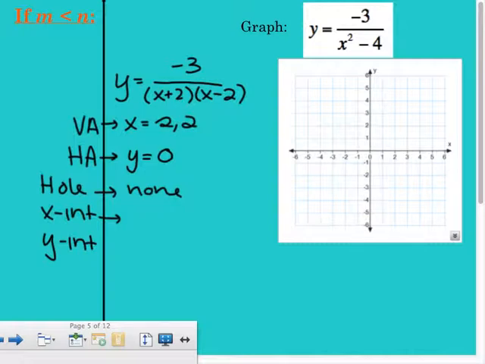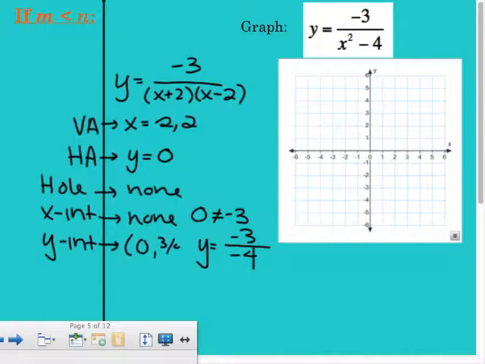My x-intercept, take the numerator, set it equal to 0. 0 does not equal 3, so I don't have an x-intercept. Y-intercept, plug in 0 for x, so negative 3 over negative 4. So that's 0.75. Again, if I'm going too fast, just pause the video, write down what you need, and then keep going.